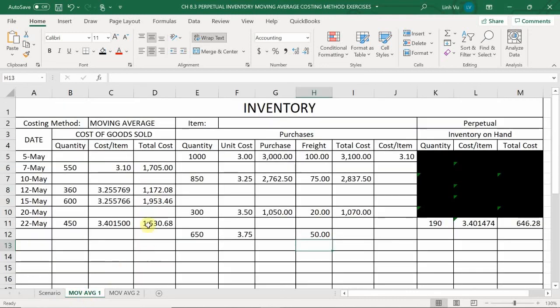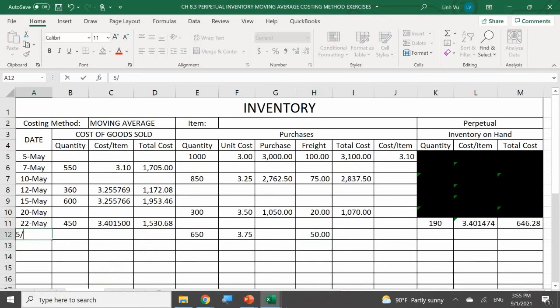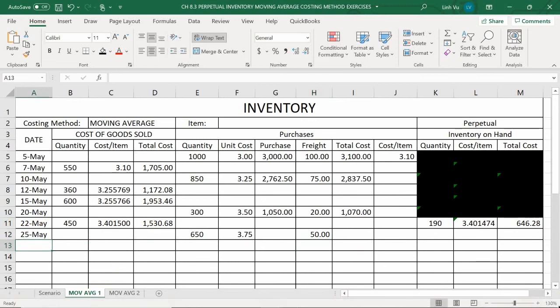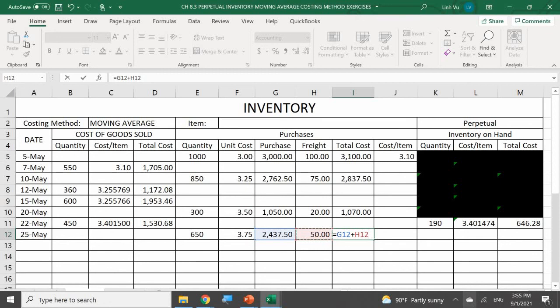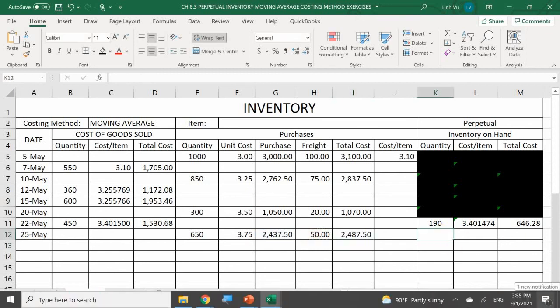So on May 25th, in this case, what's my total purchases? $2,437.50. Good. Plus 50. 2,487.50. Good.